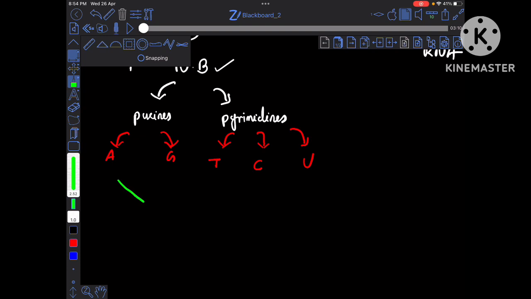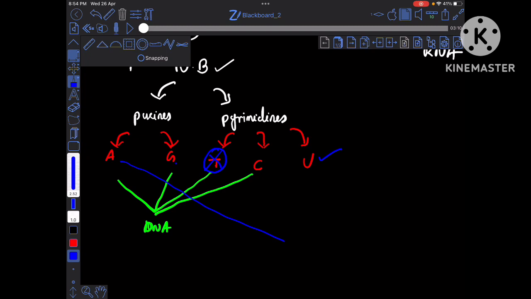Adenine, guanine, thymine and cytosine, these nitrogenous bases, are present in DNA and help in the formation of nucleotides. In case of RNA, thymine is replaced by uracil. So in RNA, the nucleotides are made up of nitrogenous bases like adenine, guanine, cytosine and uracil.